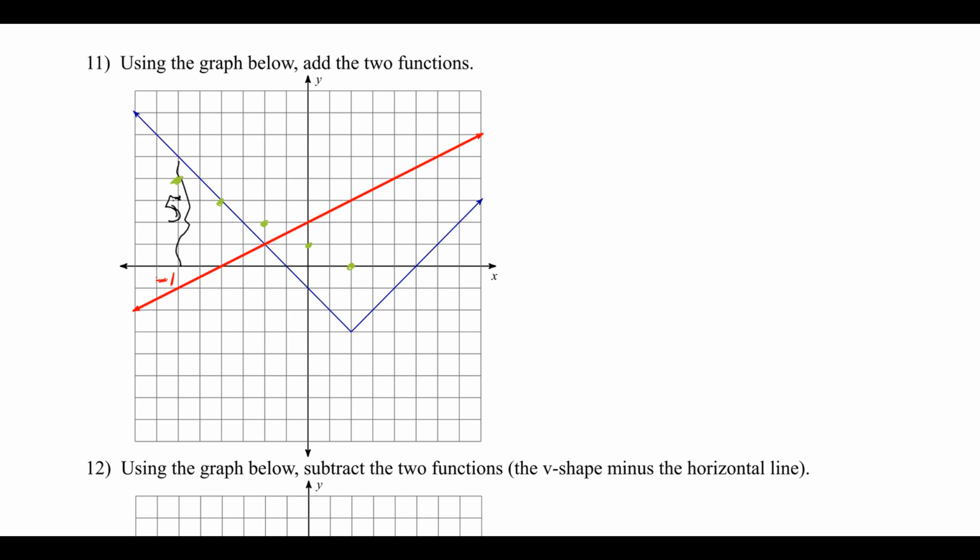And let's go over a couple more. Let's go to here. This is 1, 2, 3, 4. So the red graph's 4, the blue graph's -1, and 4 plus -1 is +3. So that means at this location, it's going to be up 3.